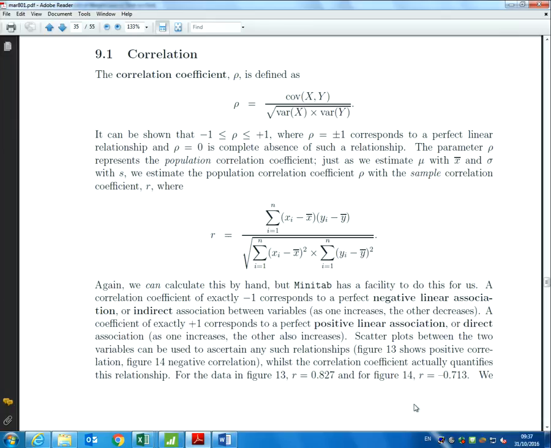Now, the range of values a correlation coefficient can take would be -1 to +1. Okay? A correlation coefficient can take the range -1 to +1.